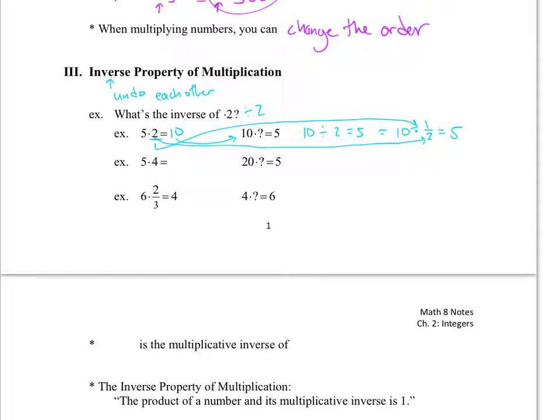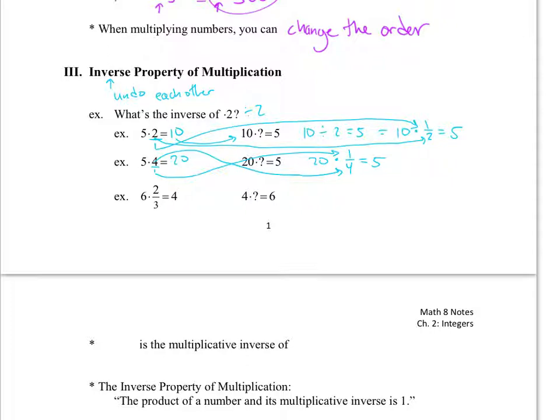So now if we do 5 times 4, well, we know that that is 20. Let's make that 4 over 1. So 20 times what is going to give me 5? Well, the opposite, the inverse, the flipped over of 4 over 1 would be 20 times 1 over 4 equals 5. So I took my 1, it went on the top. Took my 4, it went on the bottom.